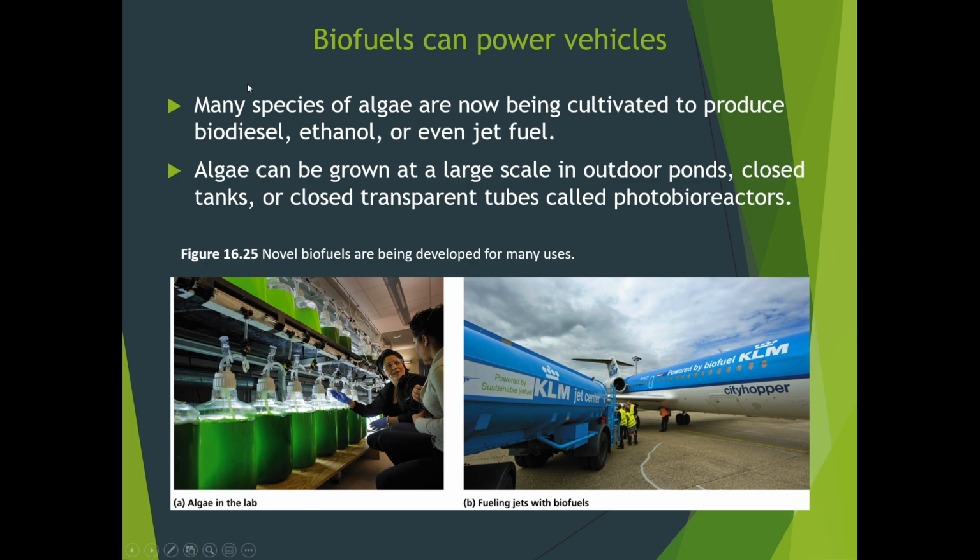Many of the special species of algae are now being cultivated to produce biodiesel, ethanol, or even jet fuel, because there are like 30,000 different known species of algae or something like that, and each one has its own special lipid oil inside of it.